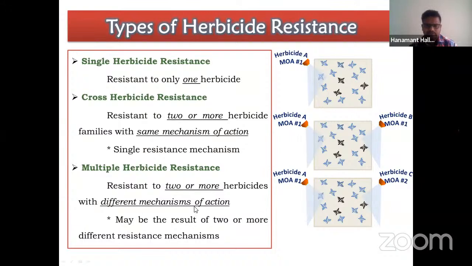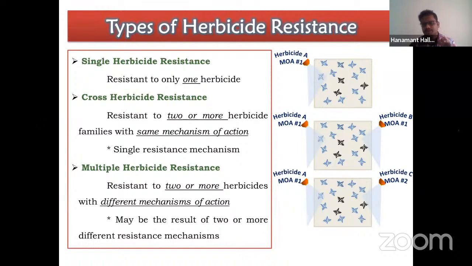The next type is multiple herbicide resistance. Here a particular weed is resistant to two or more herbicides with different modes of action. This resistance may be the result of two or more different resistance mechanisms. In cross resistance, weeds have a single resistance mechanism to different herbicides with the same mode of action.